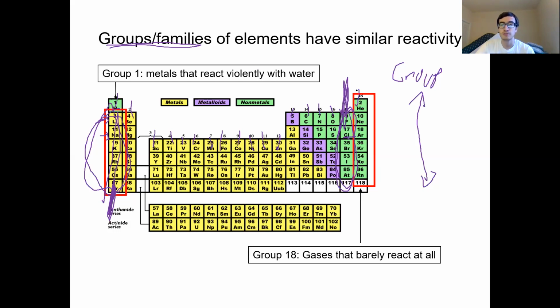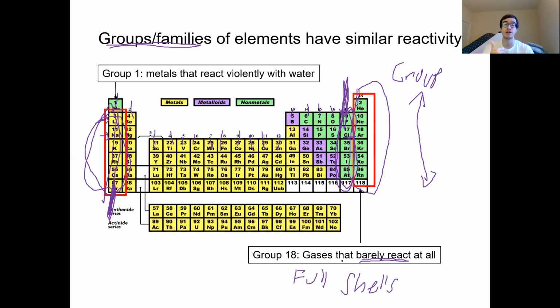Group 18, these guys over here, they have completely full outer shells. These guys are extremely unreactive. They barely react with any of the other elements. And that's because they're essentially like fat and happy.